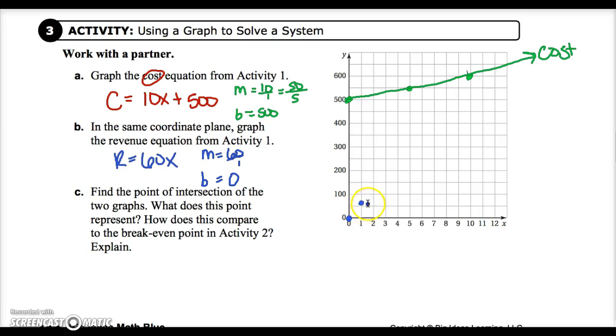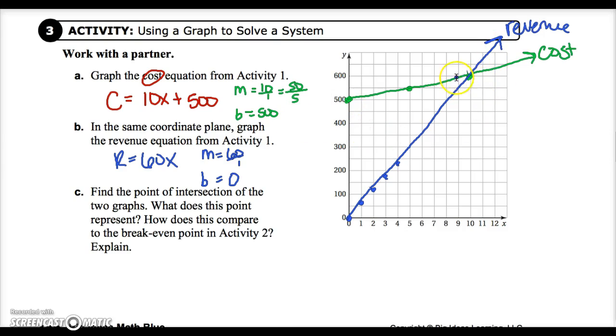And I'm just going to kind of estimate where these would be. Up another 60 over 2. Up another 60 over to 3. And I could keep doing this all the way through. Okay? But if you do it right, and everything works out, this is what your line should look like.